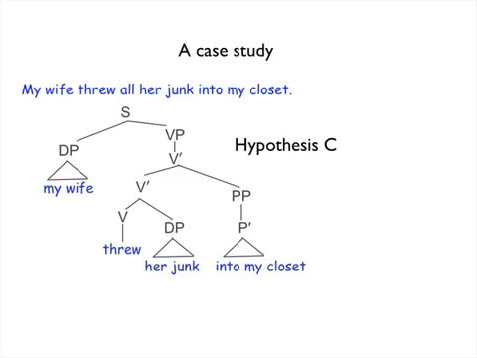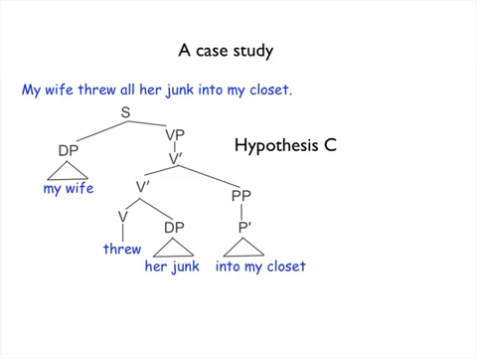So hypothesis C would say we've got threw her junk as a subconstituent, right? Because remember, what I'm doing here is starting to look at what the real structure of the verb phrase is. What are all the slots that are in there? How many things can you pack in there? And how is it that you do that?